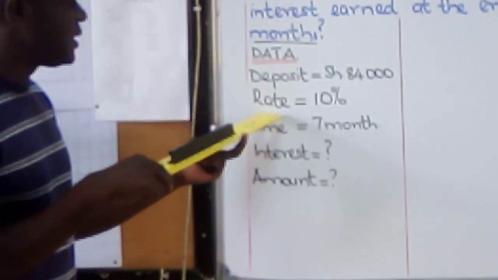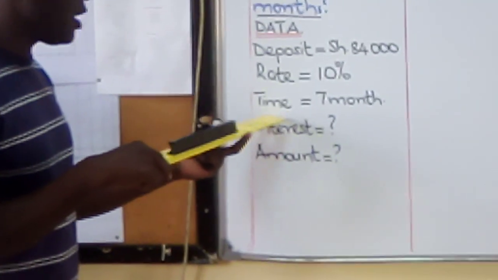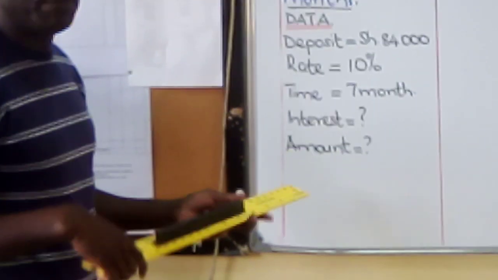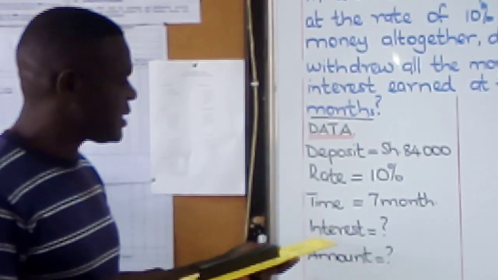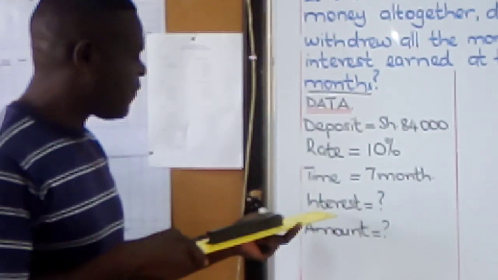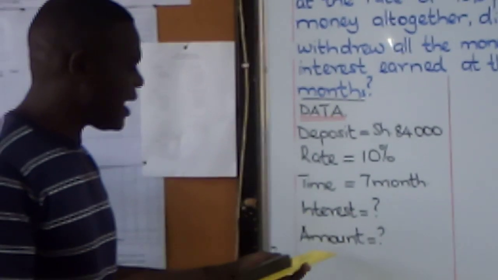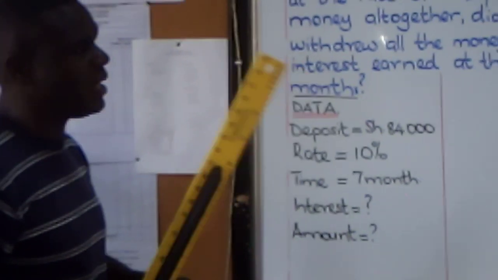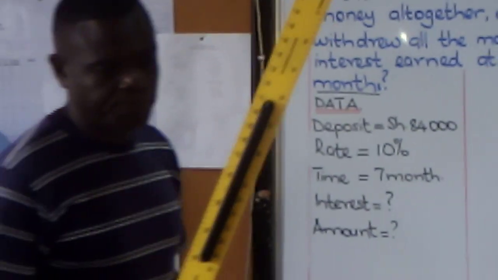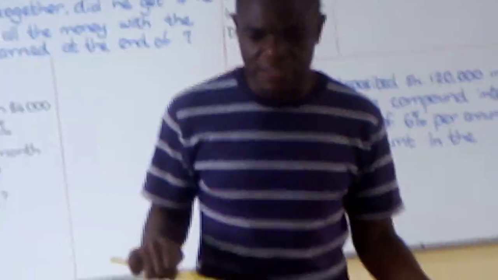The rate was given as 10%, and the time is given as 7 months. And so, which ones are our tasks? Our tasks are 2. The first task is to find the interest, and the last task is to find the amount. And I want us to remind ourselves the formula of finding simple interest.